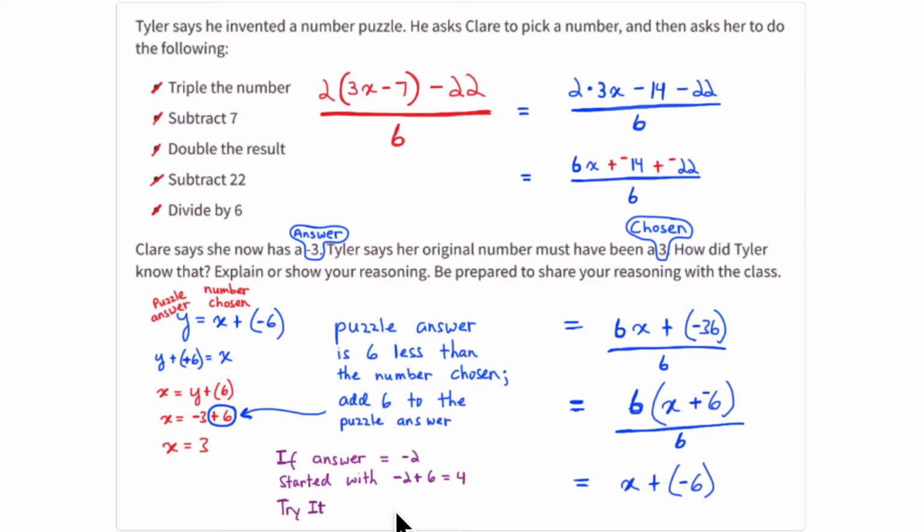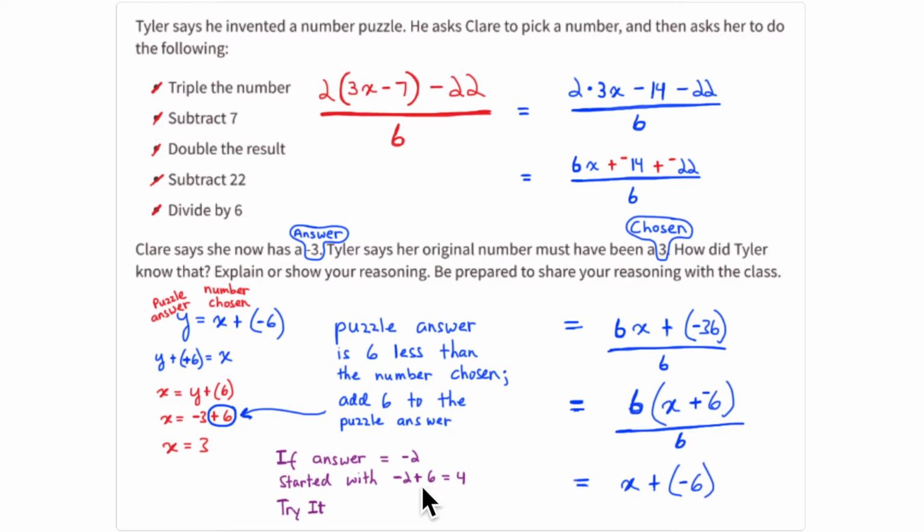So the way to do this is to try another problem. What if the answer is negative 2? What was the number chosen? Well, if you get an answer of negative 2, that means that you started with a number that is 6 more than the answer. The answer is 6 less than the number chosen.